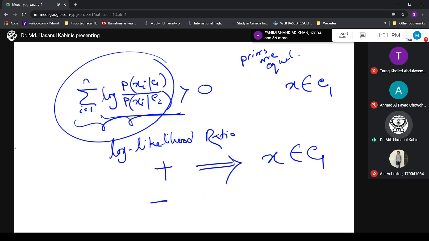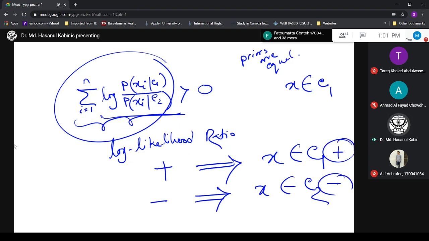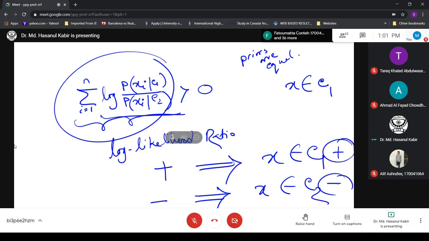If the value is negative, the decision will go in favor of which class? Class 2. That means this is the positive mode and this is the negative mode. Is this clear? So I believe now, group 2, you can relate those values and how you came up with this comparison. Any questions up to now? No? Okay, good.